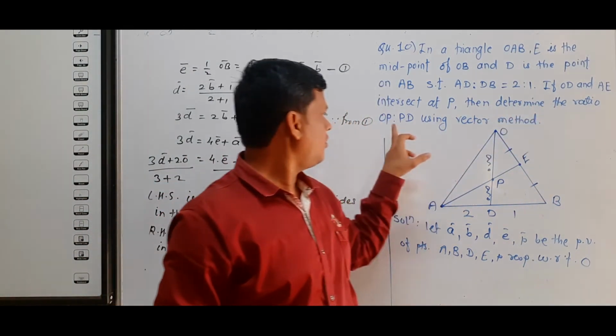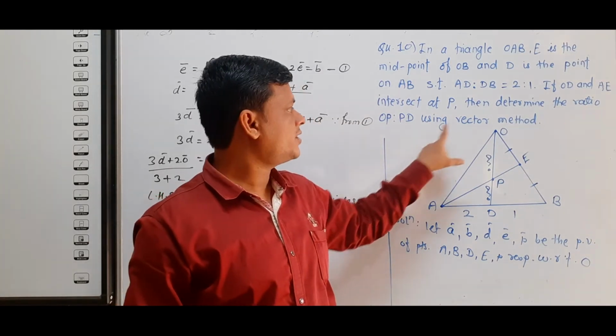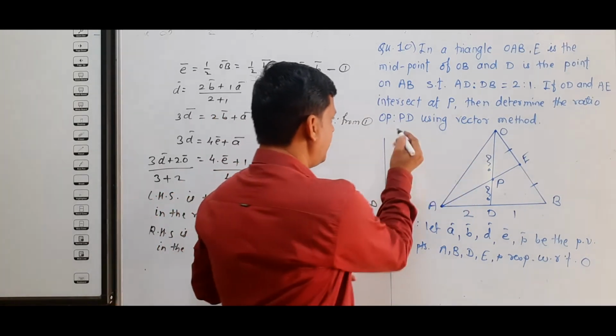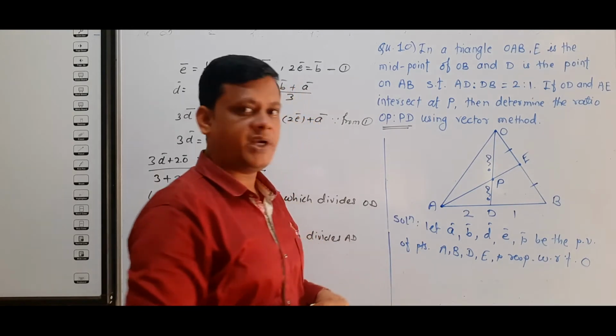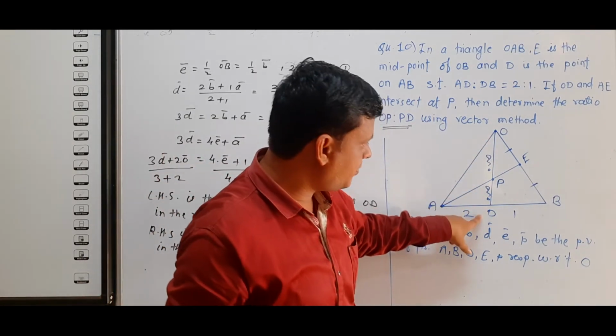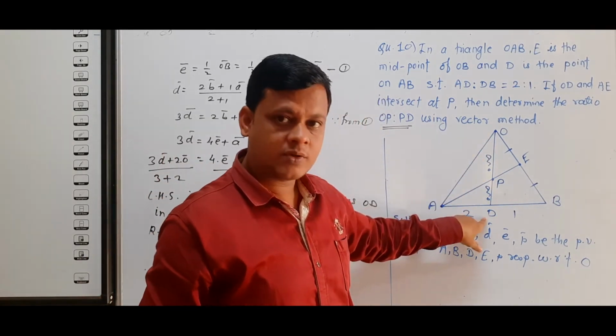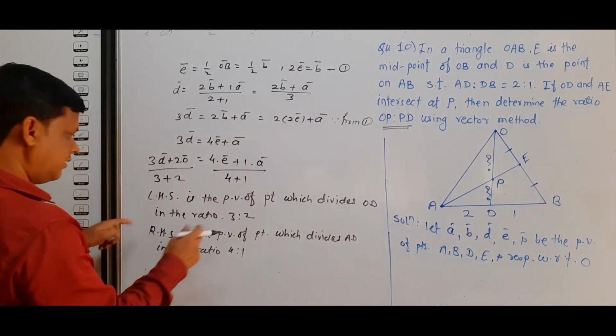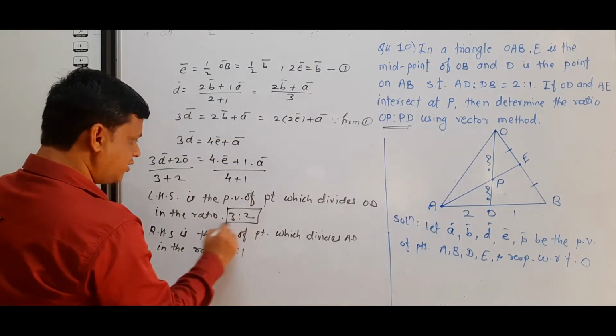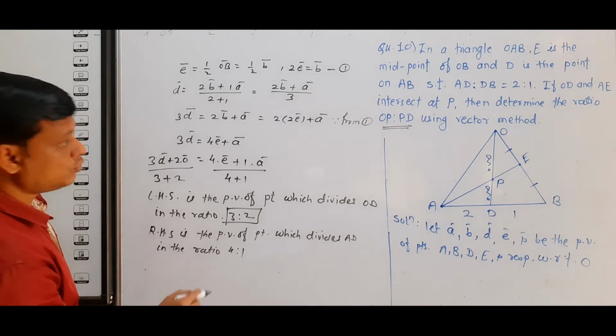But we have to find the ratio OP is to PD using the vector method. So we concentrate on OP is to PD. So this OP is to PD is on OD, so we have to take the ratio as 3:2.